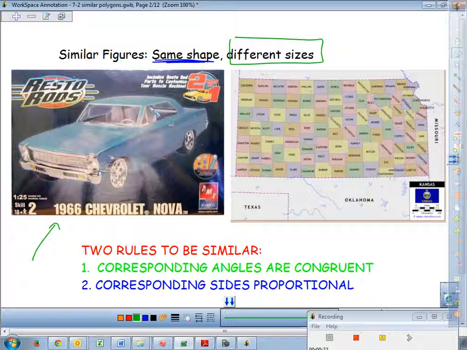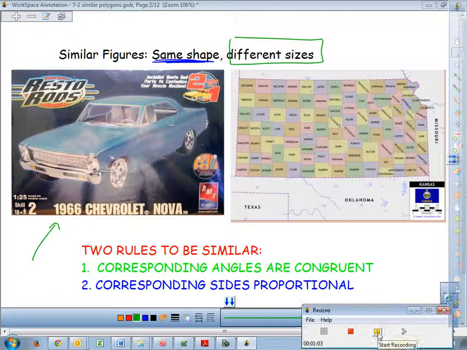Wouldn't that be ridiculous for it to be the same size as a 1966 Chevy Nova? So these guys are similar to each other. There are two rules, right, to be similar: all the corresponding angles have to be congruent to each other, and all the corresponding sides have to be proportional.